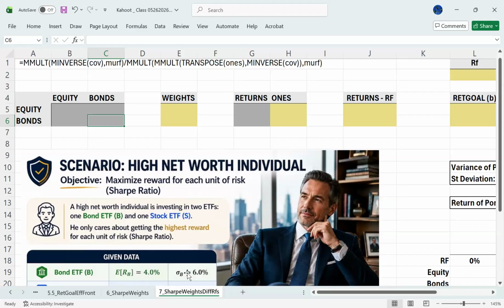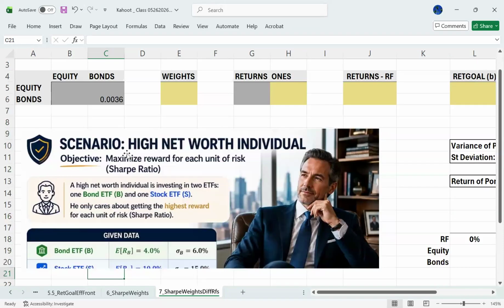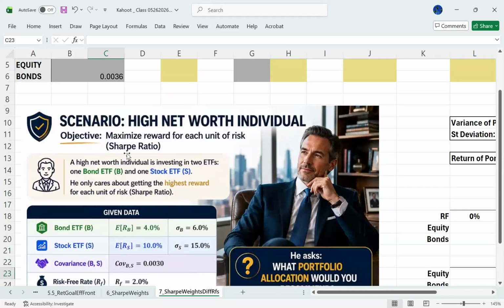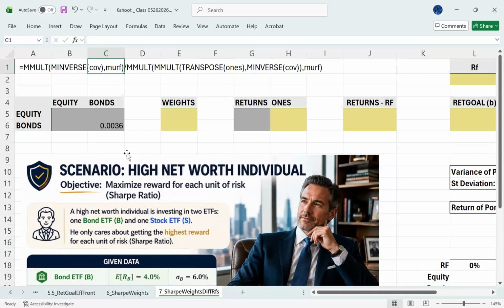So the standard deviation of bonds is 6%. That means 0.06 squared, the square of the standard deviation, is the variance of bonds, and the standard deviation of stocks is 15%, so that is 0.15 squared.